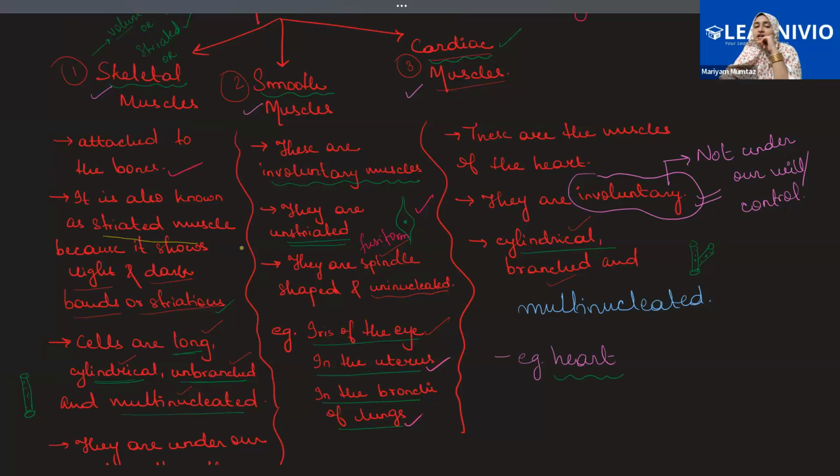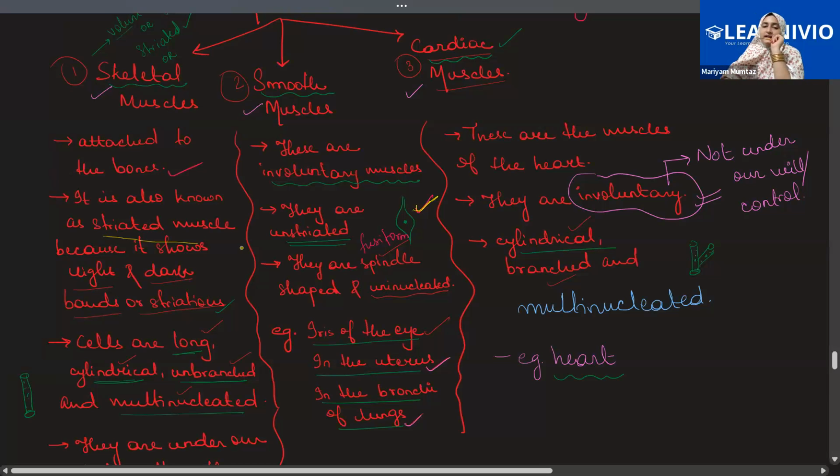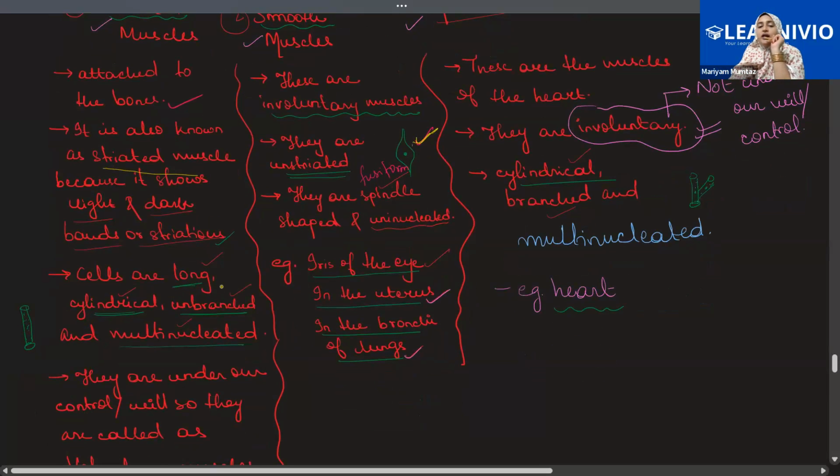In terms of their shape, just like how skeletal muscle was cylindrical, the smooth muscles are fusiform, meaning they fuse at the end, just like how I've drawn here in this diagram. They are spindle shaped, fusiform, and they are uninucleated, meaning they just have one nucleus present.